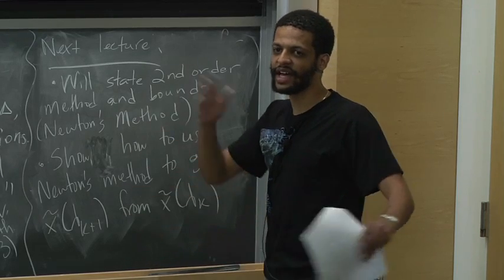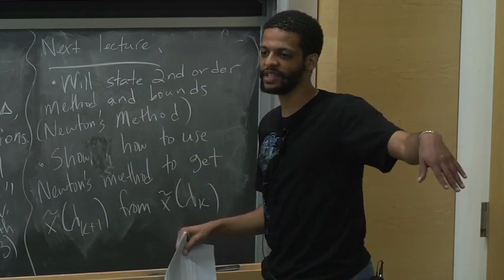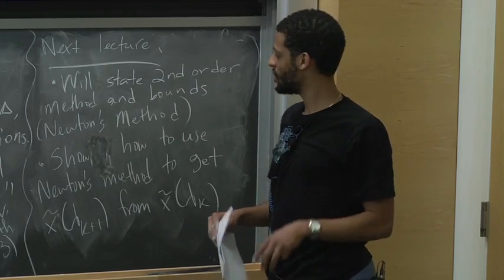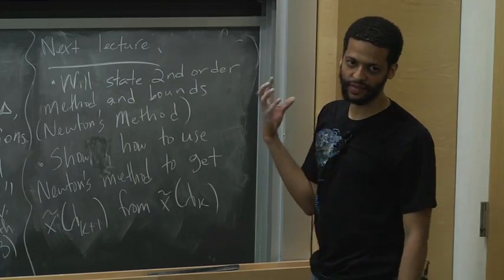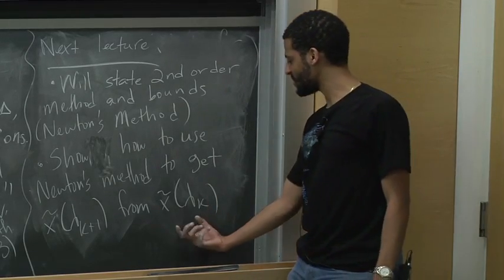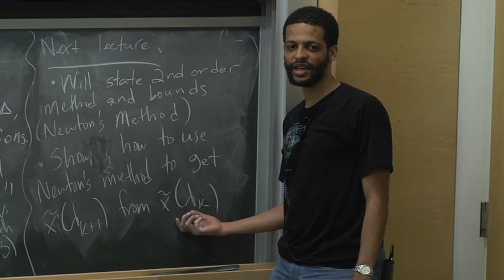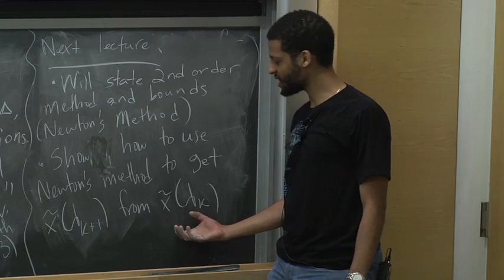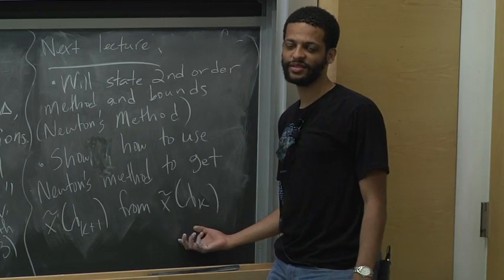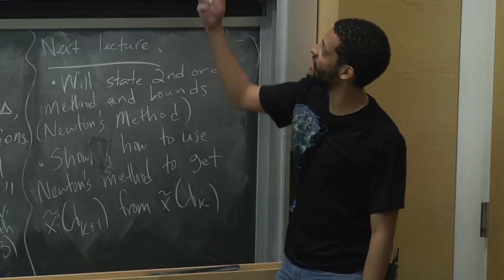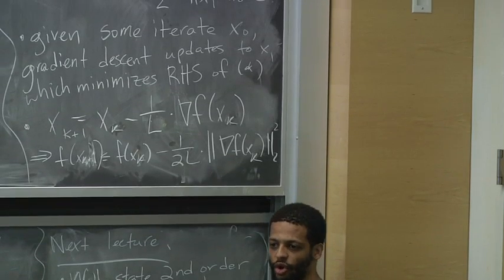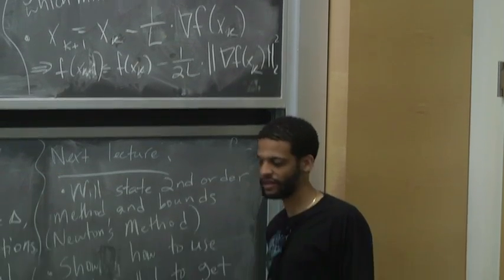And what have we done previously? We've approximately minimized f of lambda k. So x tilde lambda k is an approximate minimizer, and this is going to be our x0 for Newton's method, the initial point that we start off with.